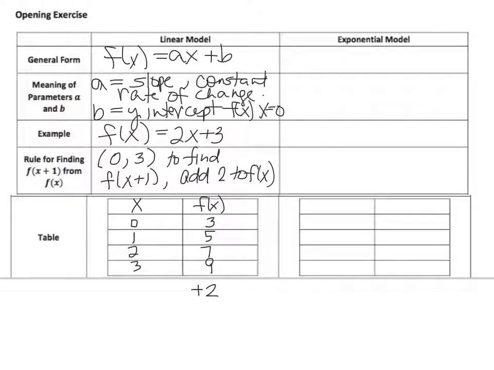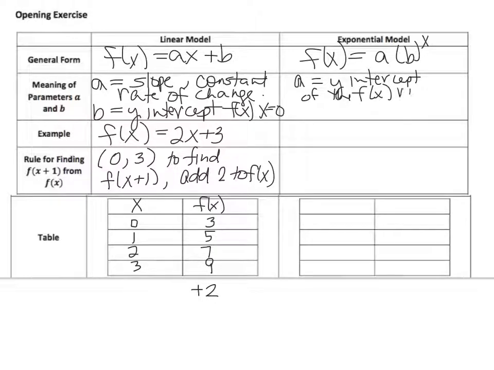Our exponential model is f of x equals a times b to the x, where a is your y-intercept, or the f of x value when x equals 0.